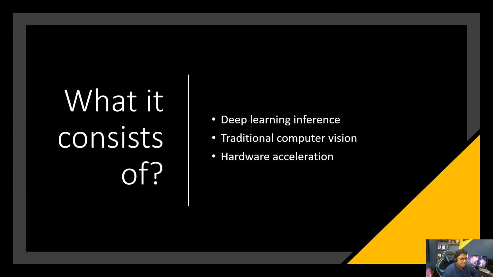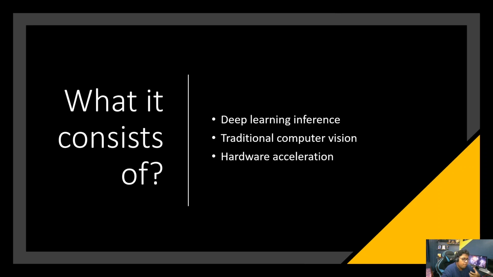So what exactly does it consist of? It consists of a deep learning inference engine, basically an IR engine in which you provide the input and you get the output. It consists of traditional computer vision libraries, which include OpenCV and OpenCL, which we are all familiar with. And the most important part, it includes the hardware acceleration capability.